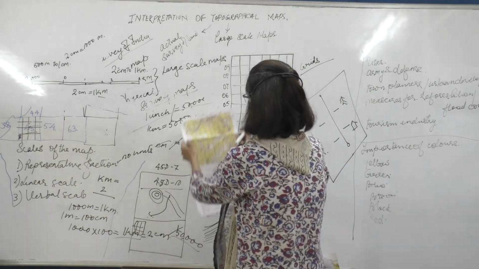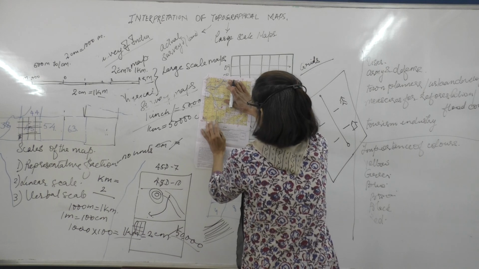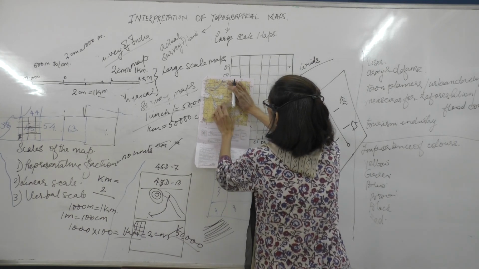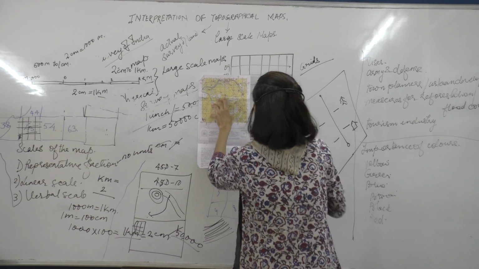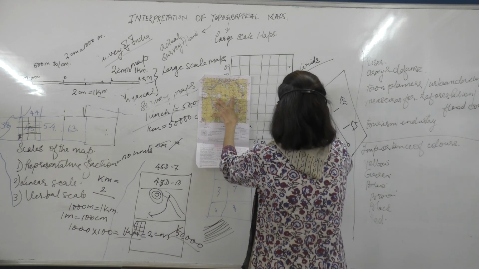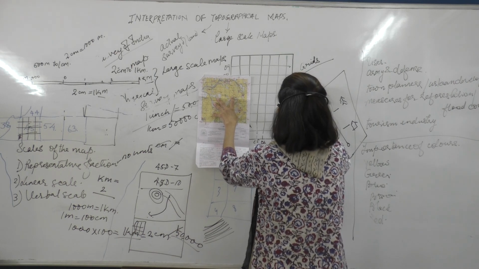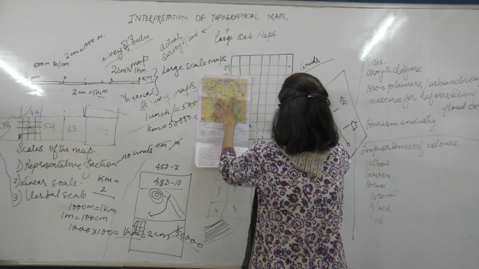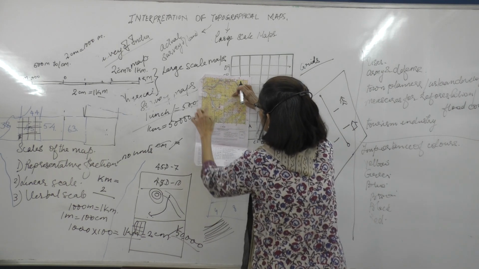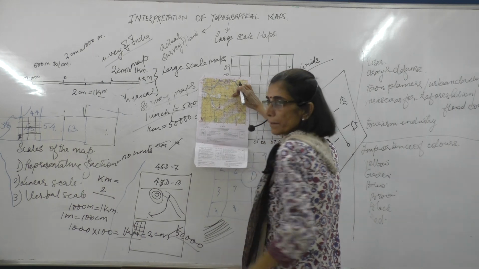Suppose this is the same topo sheet that I'm seeing here. Now we observe an object here, a tank. A tank is shown by this symbol. So this object is at 0807.